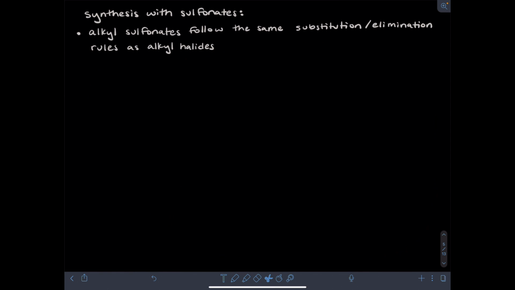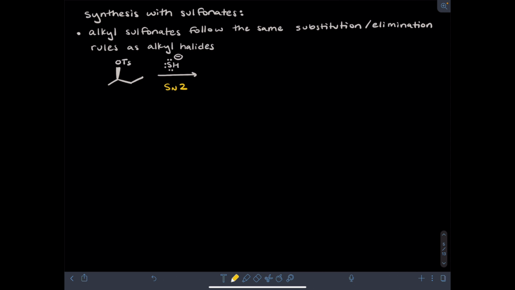Alkyl sulfonates are useful for synthesis because they follow the same substitution and elimination reaction rules that we saw for alkyl halides. For example, let's consider we're treating a secondary alkyl sulfonate with a nucleophile such as SH-. This is a strong nucleophile, weak base.